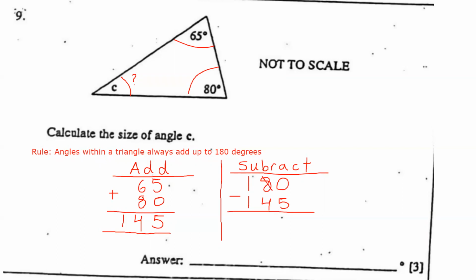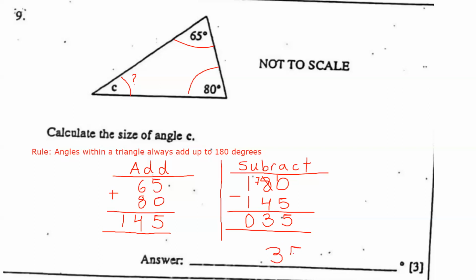We have to borrow. 8 minus 1 is 7. This becomes 1 on top. 10 minus 5 is, well, that's 5. And 7 minus 4 is 3. And we know 1 minus 1 is 0. So the answer is definitely 35 degrees. So we have 35 degrees.